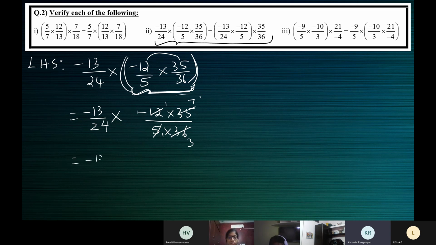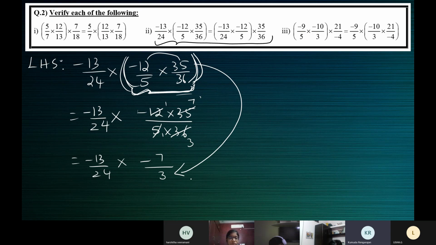So it is minus 13 by 24. This is not disturbed. Into what is here, minus 7 over 3. I hope I'm right. Am I right? Yes, ma'am, you are. Yeah, now we simplified this bracket and we have got minus 7 by 3. Now multiply this with minus 13 by 24. So how do you multiply two rational numbers?